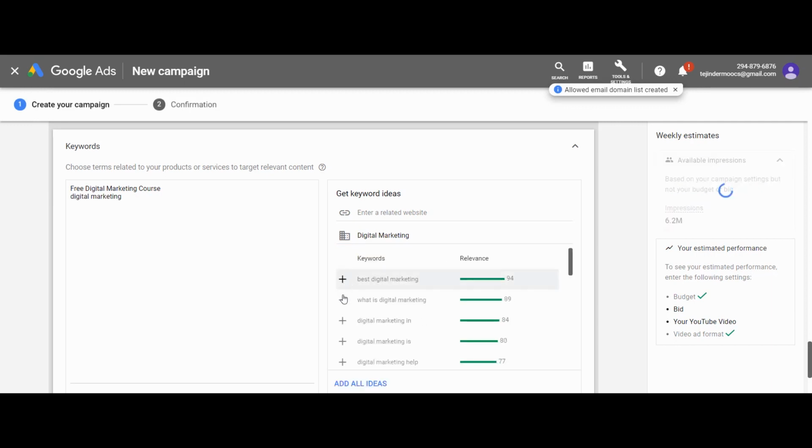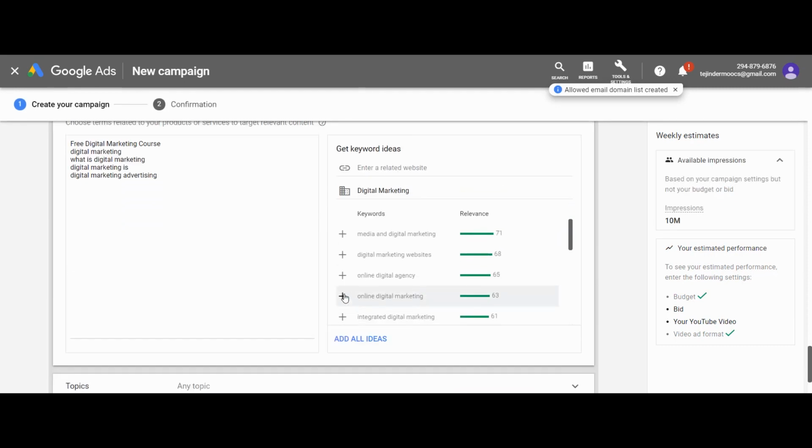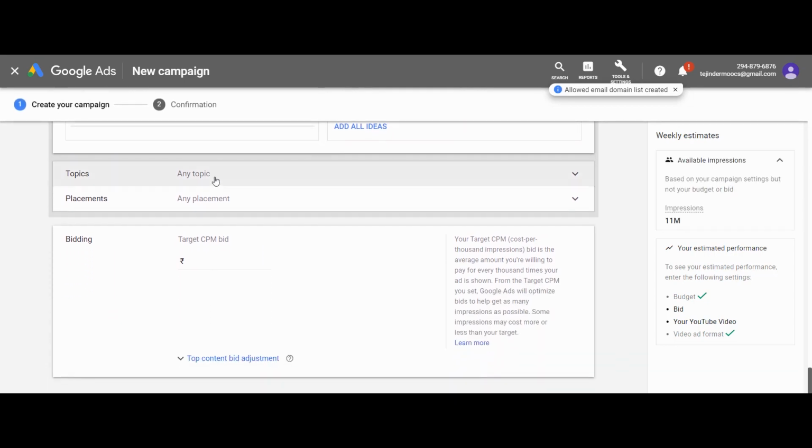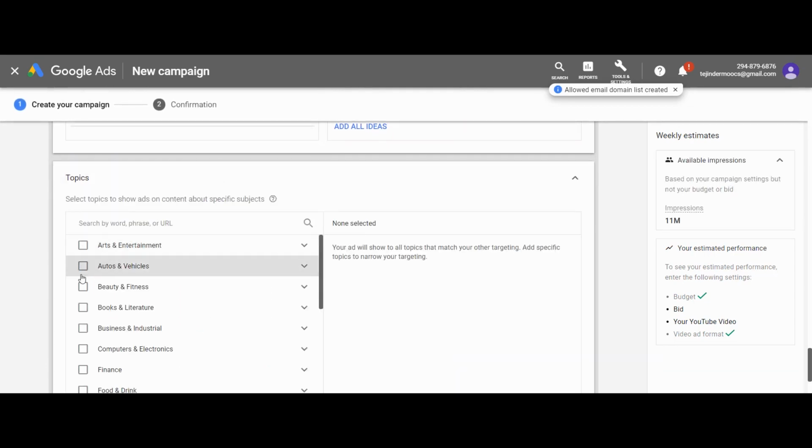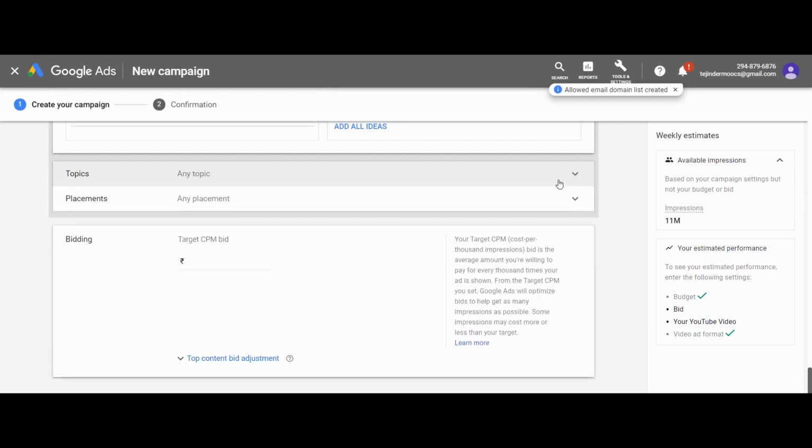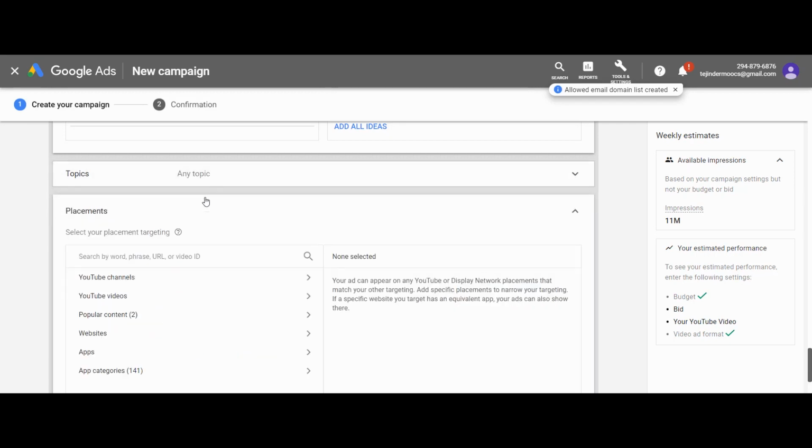Add appropriate keywords by using the plus sign. Instead of specific keywords, you may select a particular topic as well, which you think may be of interest to your prospects. Lastly, we have the placements.